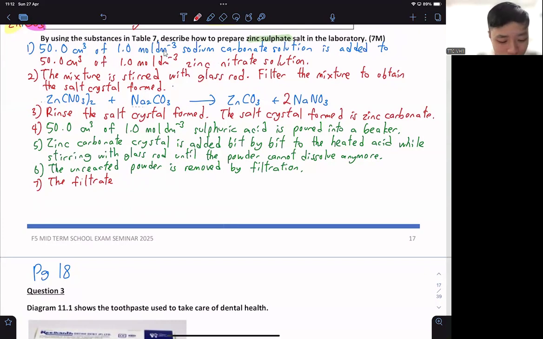So filtrate is heated. Heated in what? You call it in an evaporating dish.